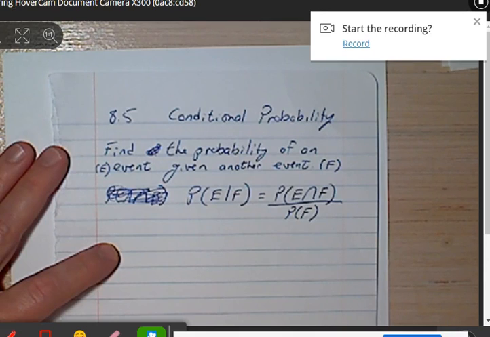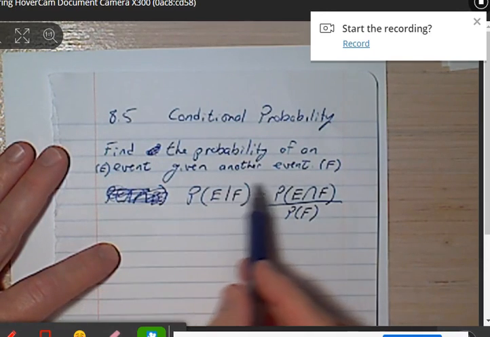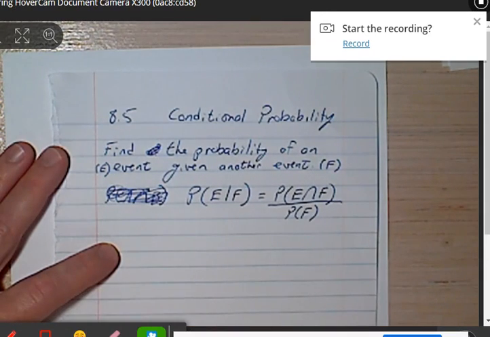So it's the probability of an event E, given that another event has already happened, which they're going to call F.